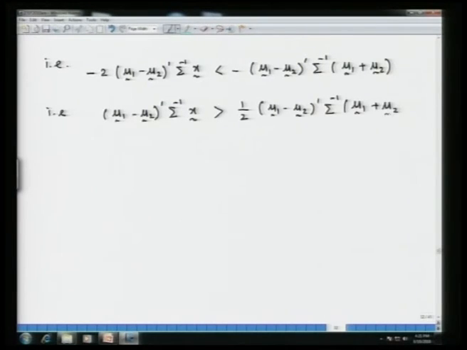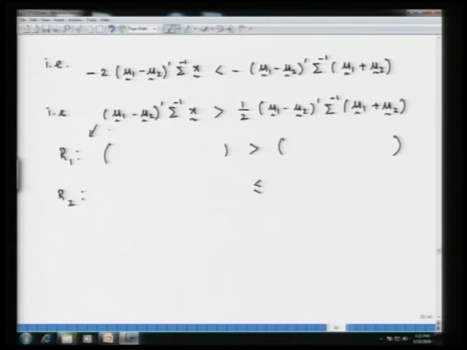So, when this is the ECM minimizing rule, remember that this is the region R 1. So, R 1 is the region on which we have got this particular term here to be greater than the term which is on the right, and on R 2 we will be having this to be less than or equal to.